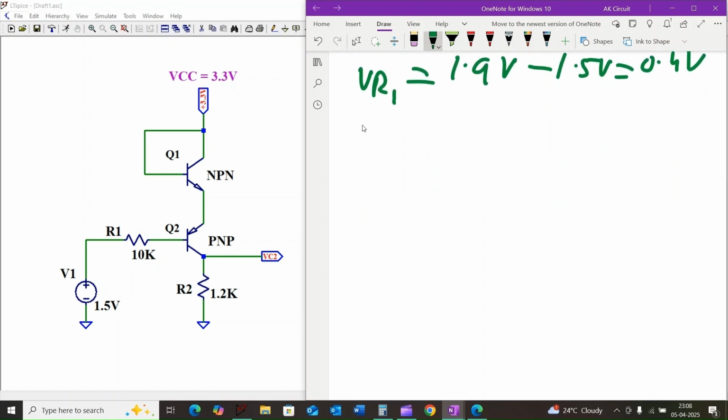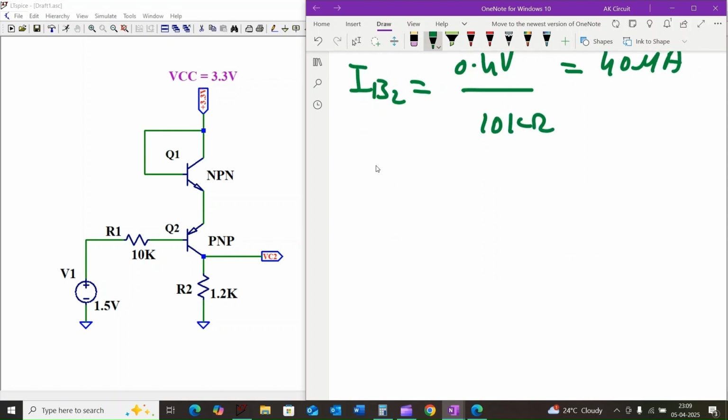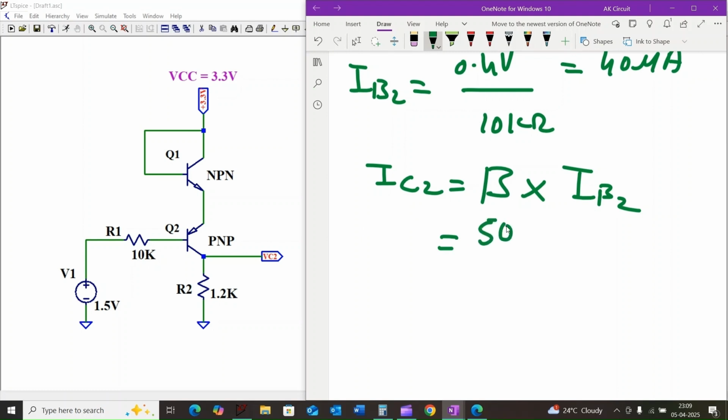Now by using Ohm's law, I is equal to V by R. The base current IB2 is equal to 0.4 volt divided by 10 kilo ohm, which is equal to 40 microamps. We are almost there. Now that we have IB2, we can find the collector current IC2. Remember, IC2 is equal to beta times IB2, that is 50 times 40 microamps, which is equal to 2 milliamps.